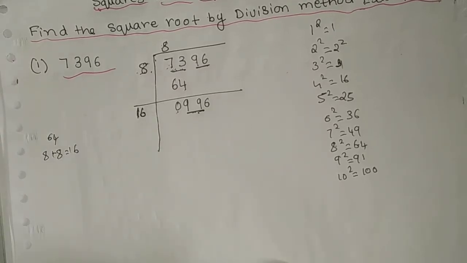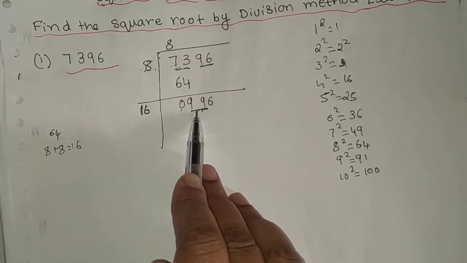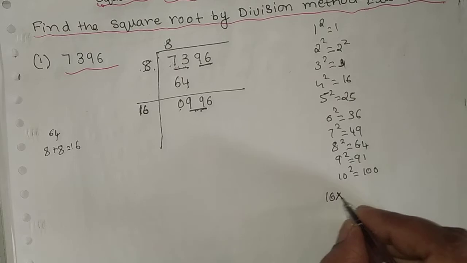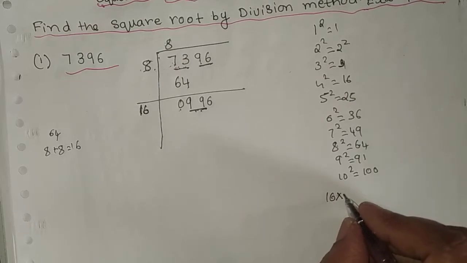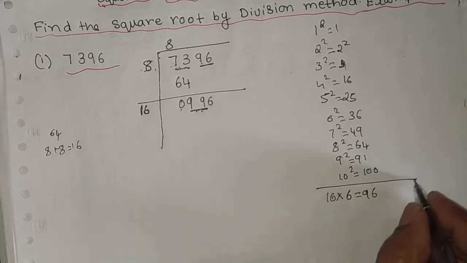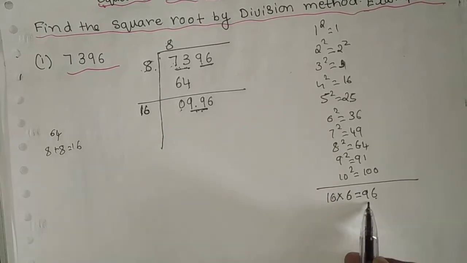Now the next step is to find what this one should be multiplied by. We'll just see the 16 table. 16 into 6 will be 96, which is the nearest number to 99.